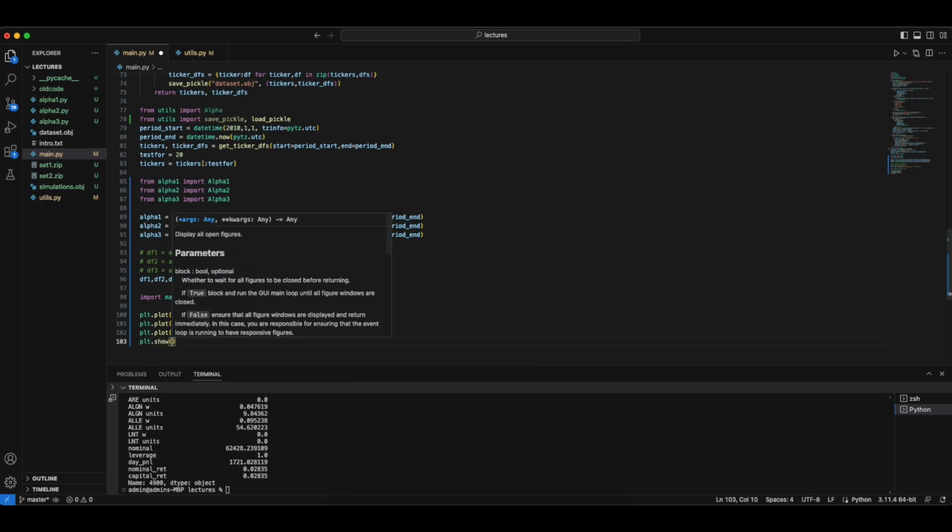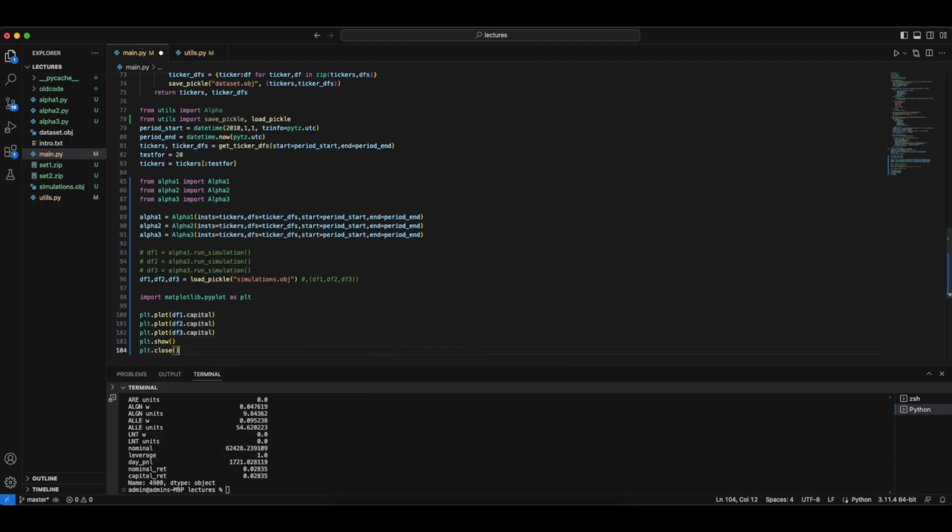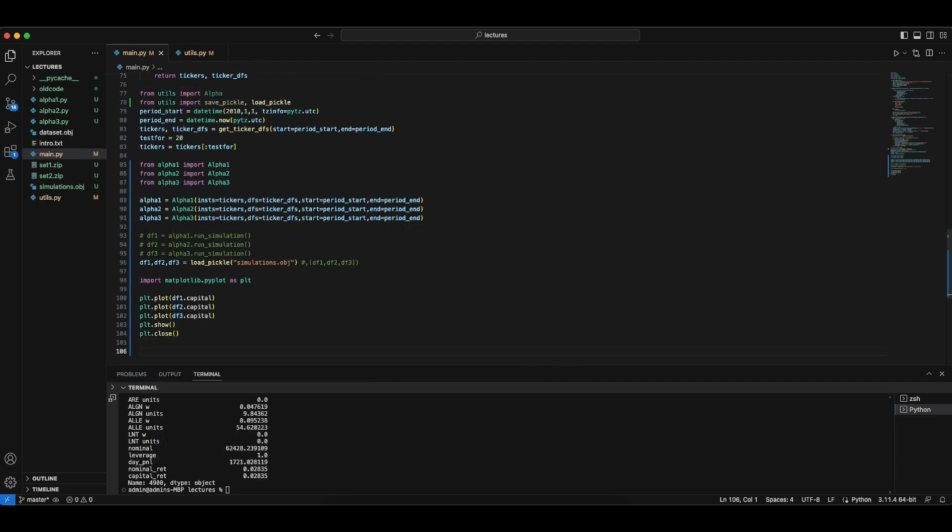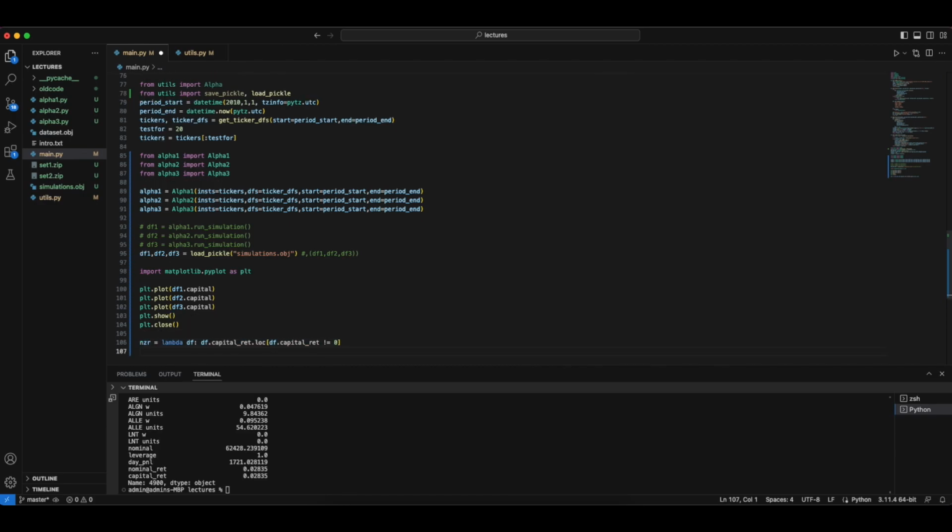We'll do a show, okay, close. Then let's also plot the volatility. Let's plot the rolling historical volatility. So this is non-zero returns equals to... this will extract the non-zero returns from the data frame, right?